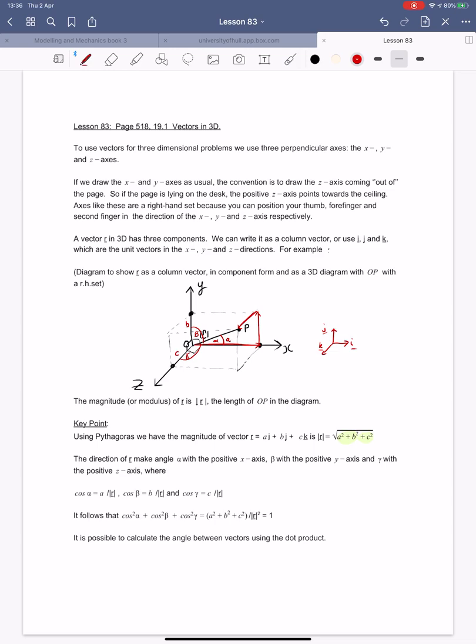Okay, cos alpha is A over the modulus of R. Let's see how I can draw that in that diagram. Or should we just say that that's a rule? You can't actually see it very well with any of them.